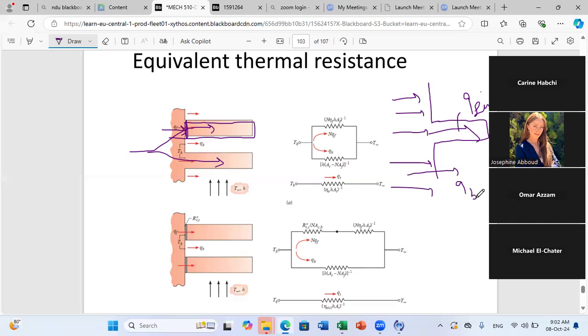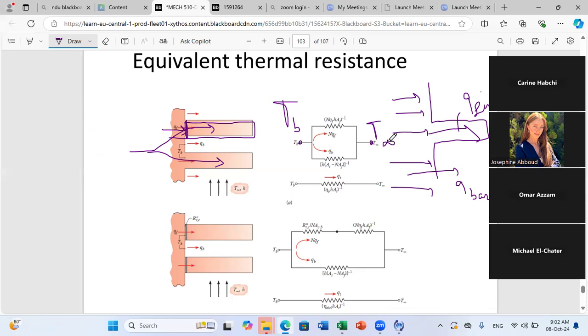Okay, and since the flux will be divided into two parts, you can consider that you have here a circuit of resistances in parallel. You can consider that I have the temperature at the base here, and at the end I have T infinity. And I can divide my flux.